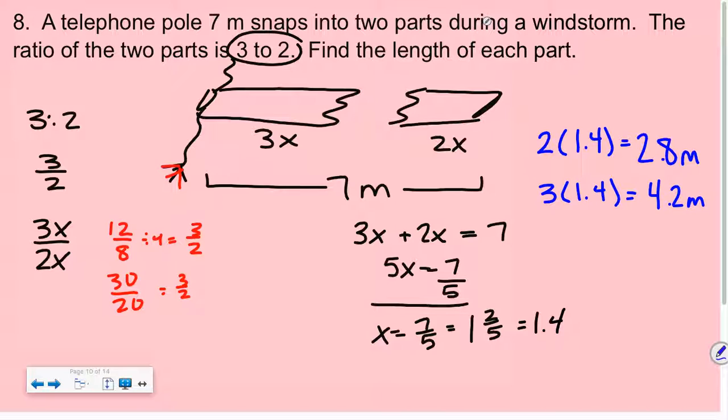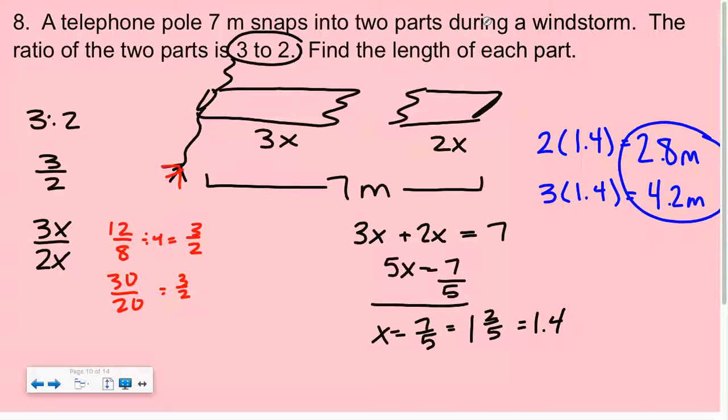And 2.8 and 4.2 better add up to what? 7, because my telephone pole should be 7 meters in total length. I'm still using all of it way back from first semester that I wrote the segment addition postulate. But a ratio will always be the same even if you multiply both parts by the same value.